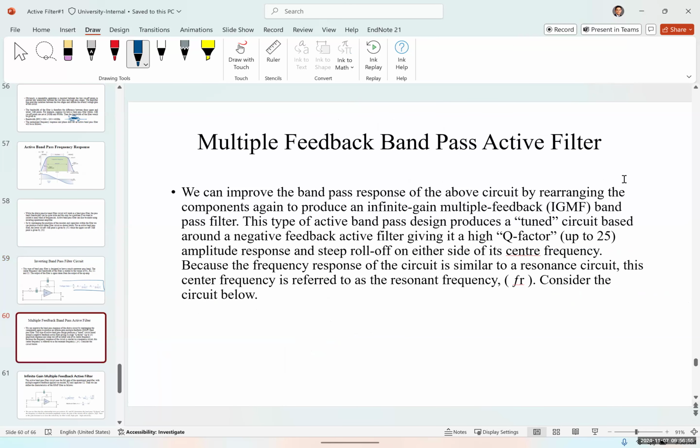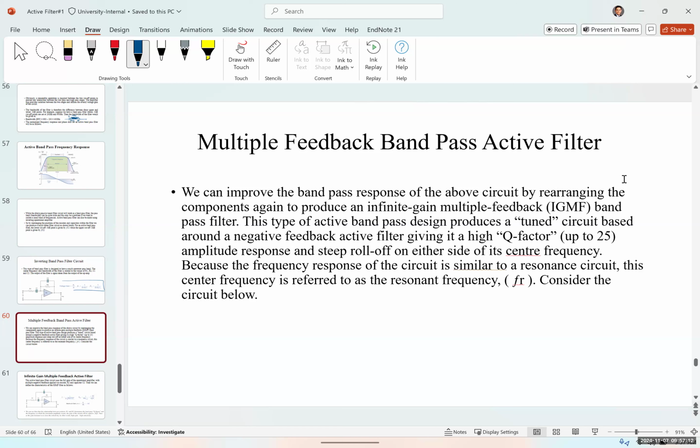So sometimes we can have multiple feedback active bandpass filters. We can improve the bandpass response of the above circuit by rearranging the components again to produce an infinite gain multiple feedback, or IGMF, bandpass filter.